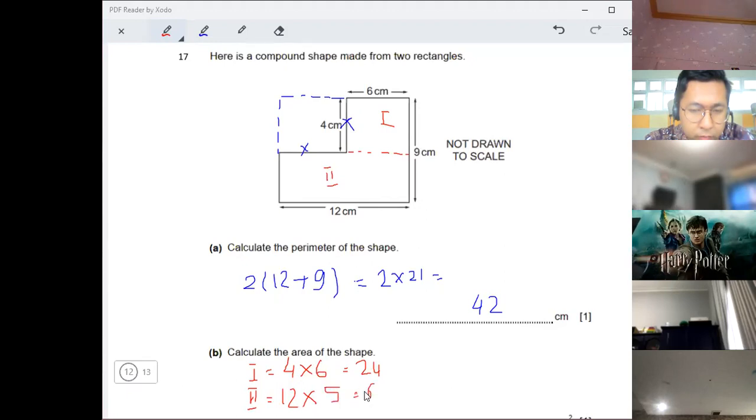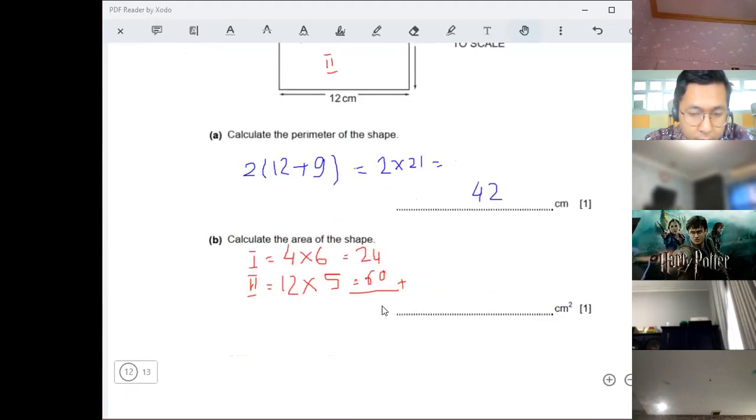It's 60. Oh, and the first one I only added them up. So the area is 84. Oh, this is 84.